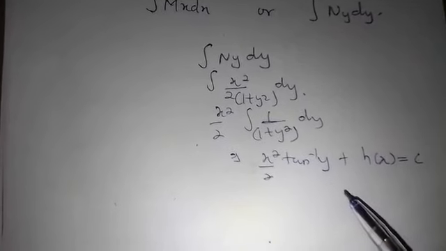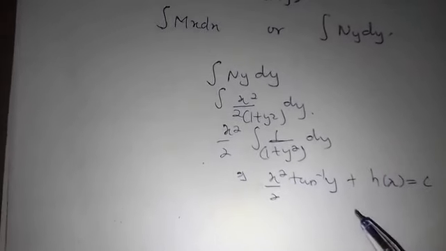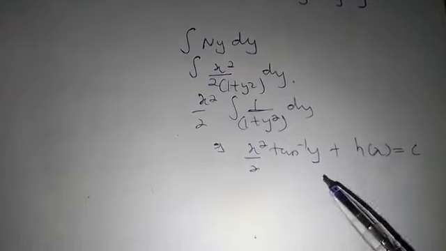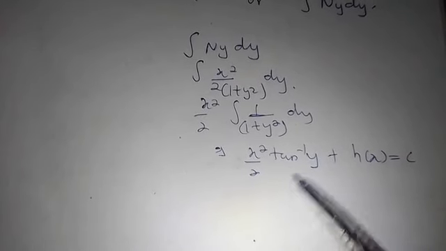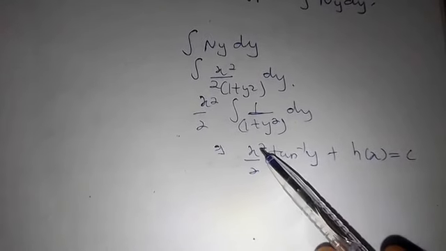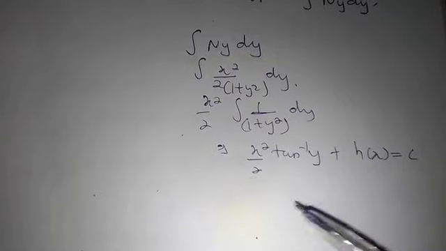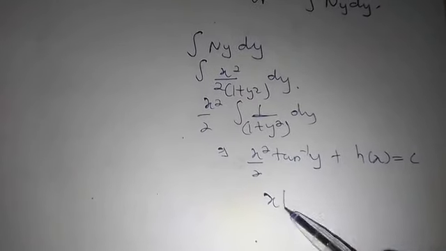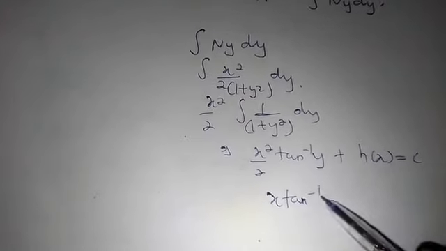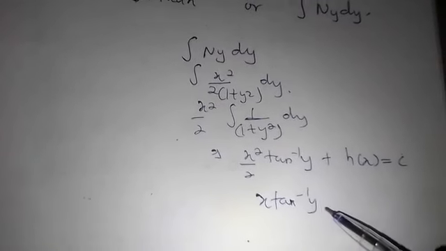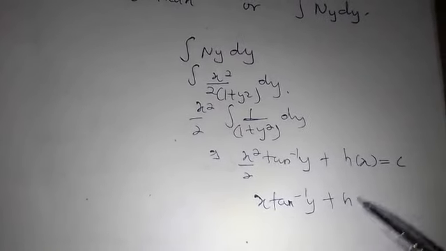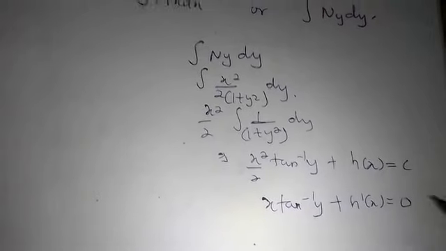With respect to x, every y term becomes a constant. When I differentiate this with respect to x, I'm going to get 2 multiplied by this, where the 2 will cancel. That will give me x tan inverse of y, because the y part becomes a constant, plus h prime of x is equal to 0.